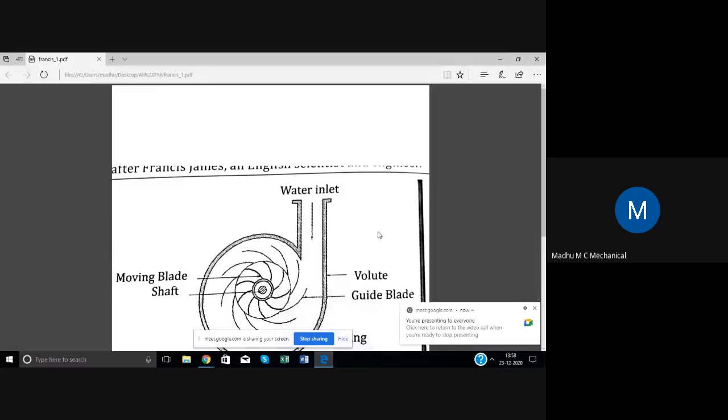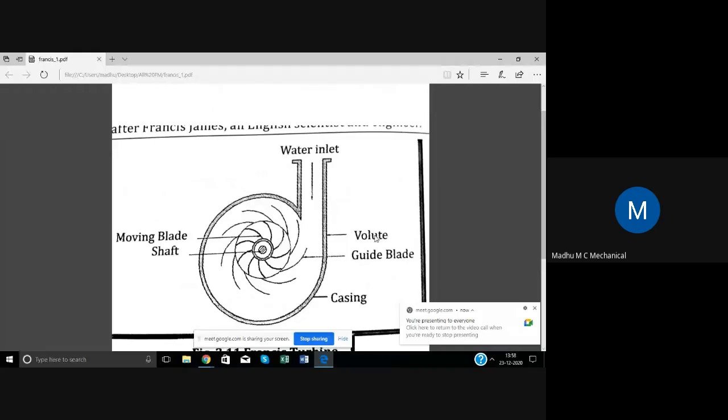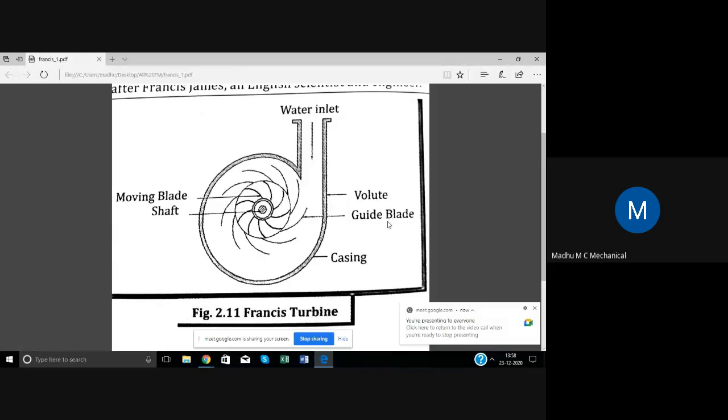Yes, sir. Yeah, fine. Now look at this. See, this is the Francis turbine, and it is similar to the centrifugal pump. Look at the shape. This particular curve like this is called an involute shape. That geometry is called involute.